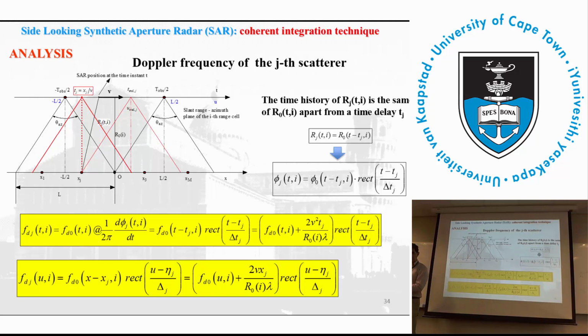So basically what's happening is that the platform is moving and is generating this Doppler for point O. The Doppler that is generated for point 3 will be exactly the same Doppler that is time shifted by this time here. So the time that it takes for the platform to move from here to here.